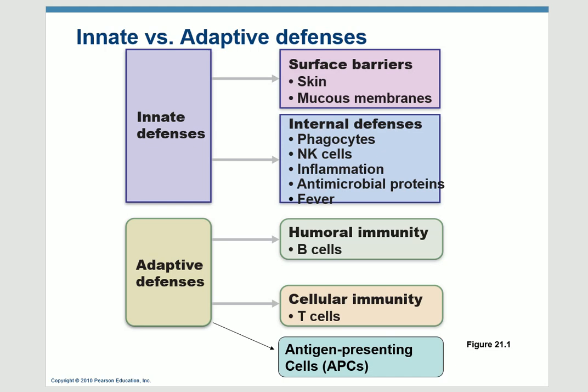Then we have the internal defenses of phagocytes, NK cells. These are our natural killer cells, coolest name ever. Inflammation, antimicrobial proteins, and fever. And all of these are generalized, broad, not specific. Innate are broad, not specific. But we move on to adaptive, where we do have a very specific response defense.